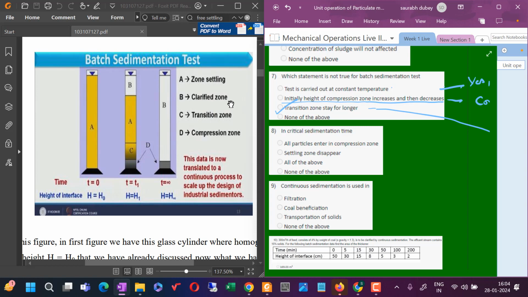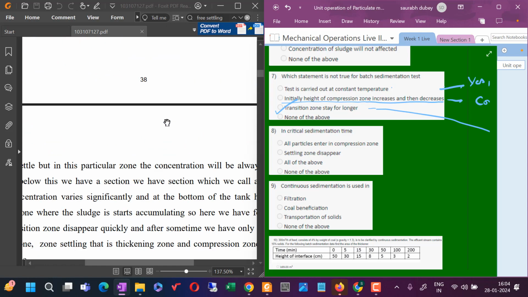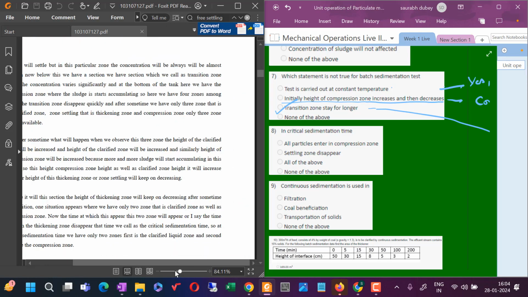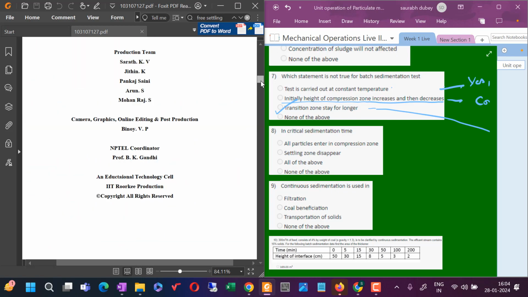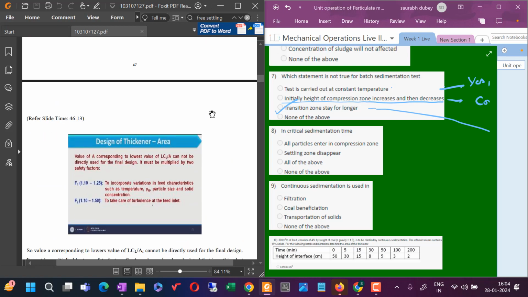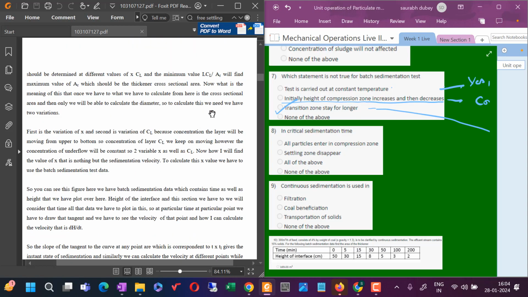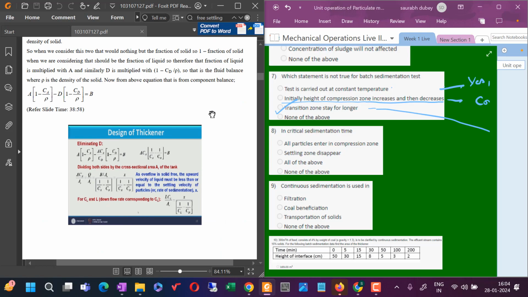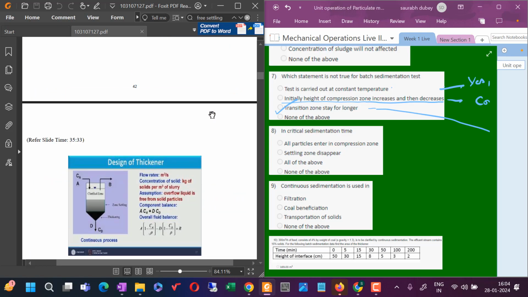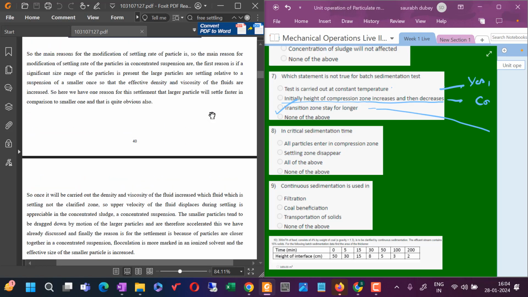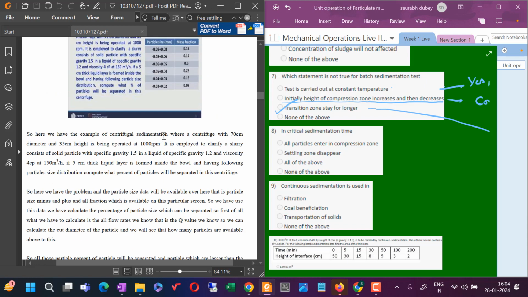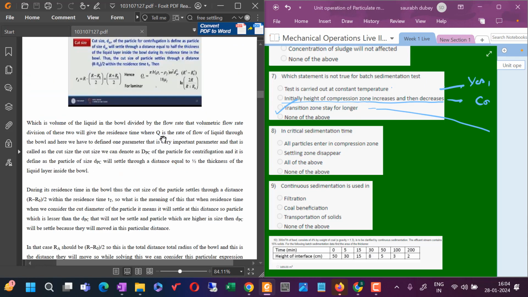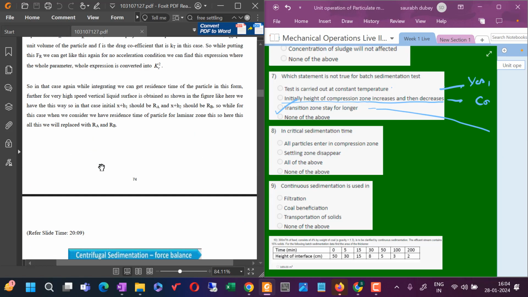The critical sedimentation time, when it first got coined in the lecture, I think it is in the second lecture of the batch sedimentation, where this TC has been calculated, and that TC will be the controlling parameter.